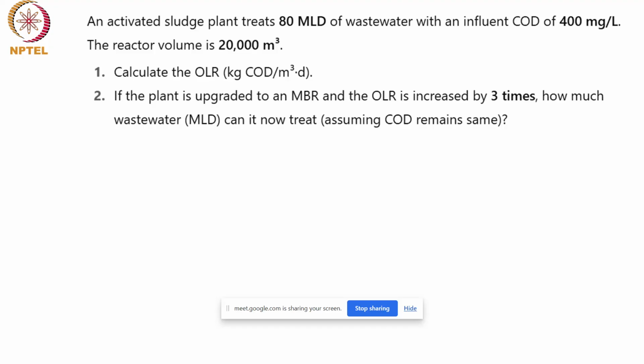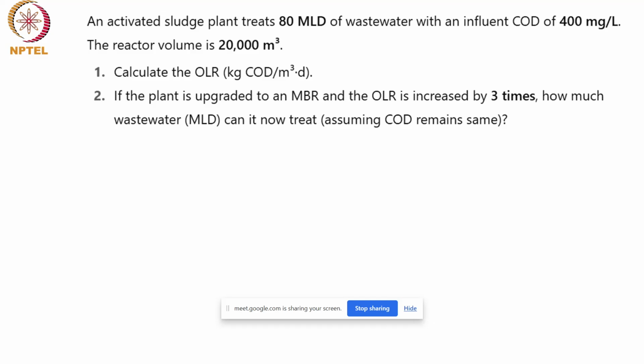So what we are doing here is, Q is the initial Q, so 80 MLD, into COD which is 400, divided by volume which is 20,000.